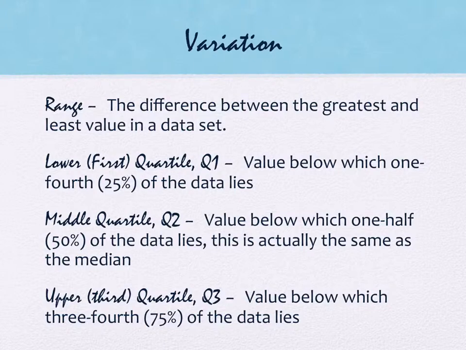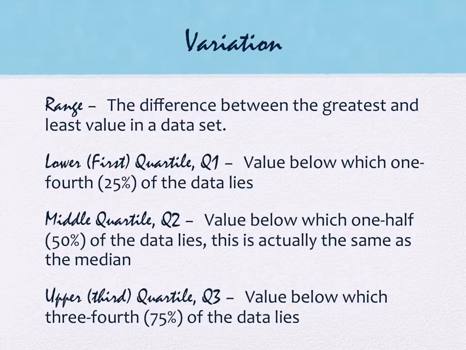It's when we do estimation in number theory, which is the Elementary Math 1 course that some of you have already taken. We talk about range in that one too, and we don't do it quite like this either. So this one is actually just taking the largest value minus the smallest value. That's considered our range. Very simple calculation. Doesn't really give us a lot of information. Tells us how spread apart things are from the biggest to the smallest, but that doesn't give us a lot of information.